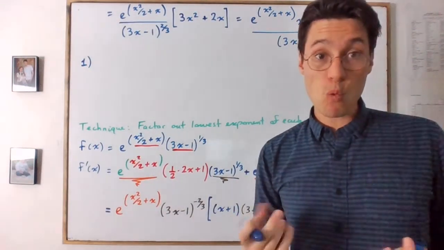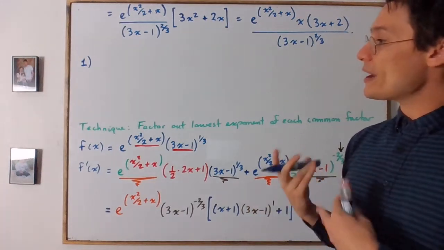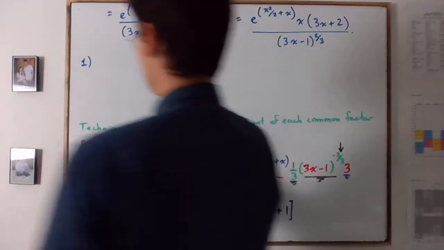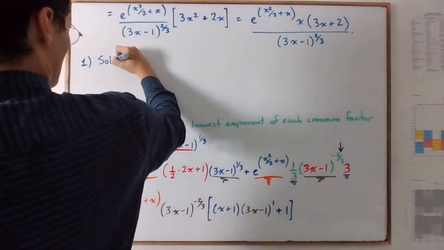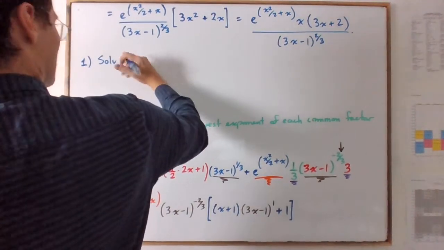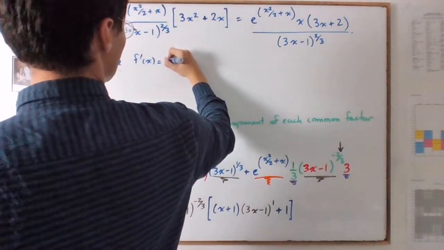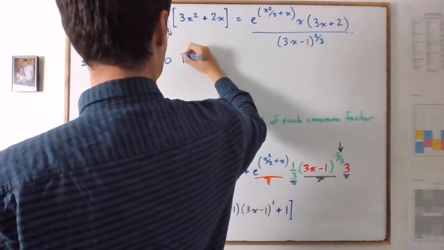So question number 1 is to find out where the derivative equals 0. So we're solving f prime of x equals 0 for x.